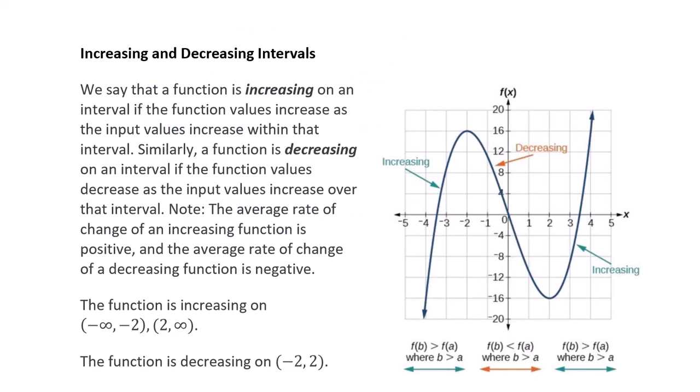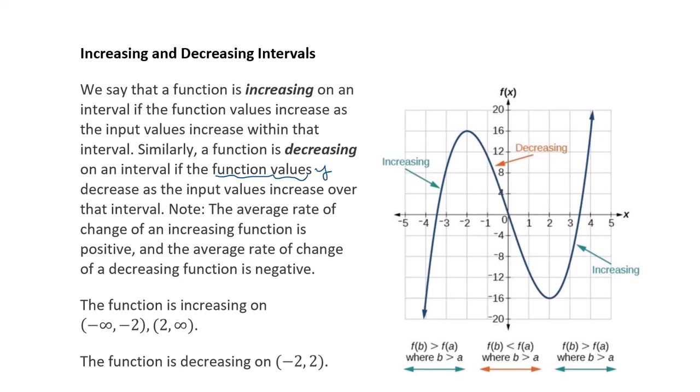Now on increasing and decreasing intervals. We say a function is increasing on an interval if the function values, the y's, increase as the input values increase within that interval. Similarly, a function is decreasing on an interval if the function values, the y values, decrease as the input values increase over that interval.